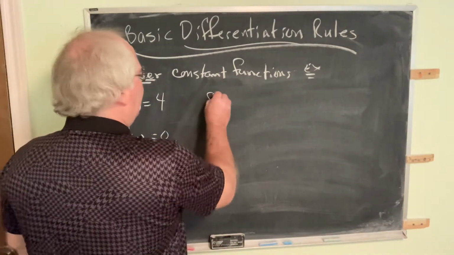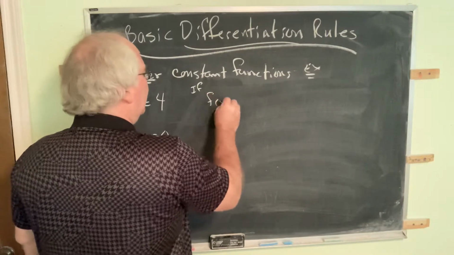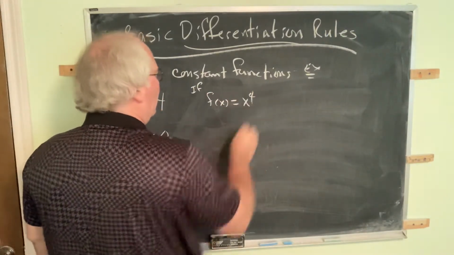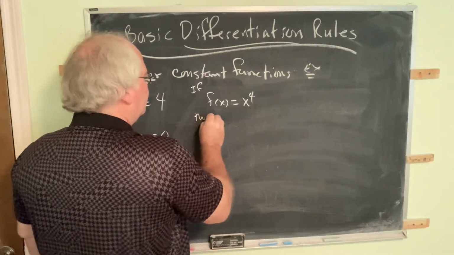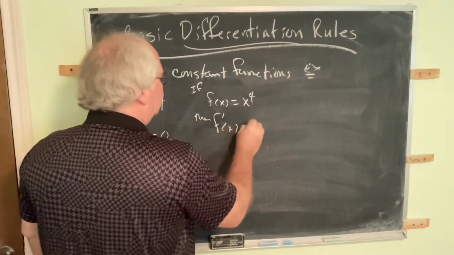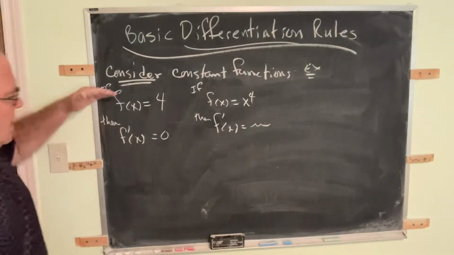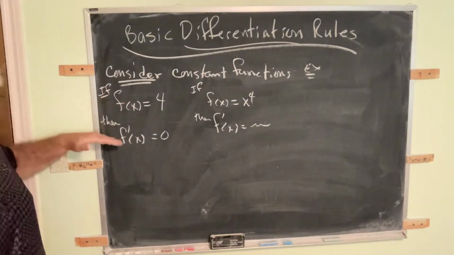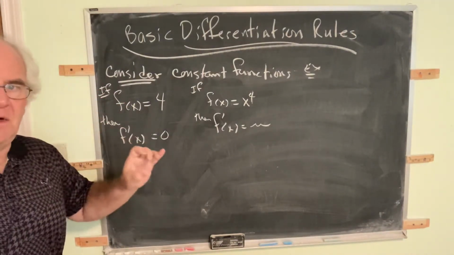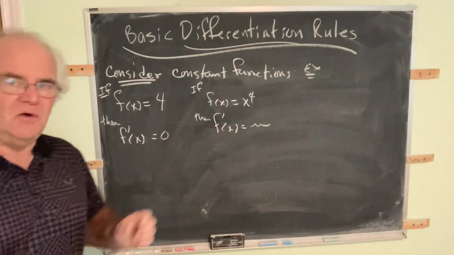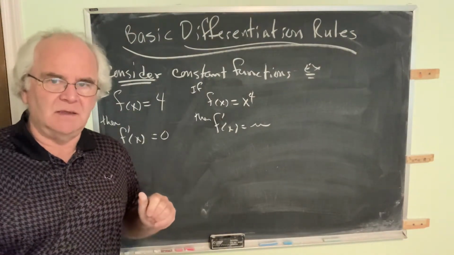Eventually, we'll be doing this with other expressions. So eventually, we'll be saying if f of x is equal to x to the 4th, then f prime of x is equal to, and we'll write that here. The point I'm making here is, if you use this notation, every single one of these properties requires 2 lines to write.